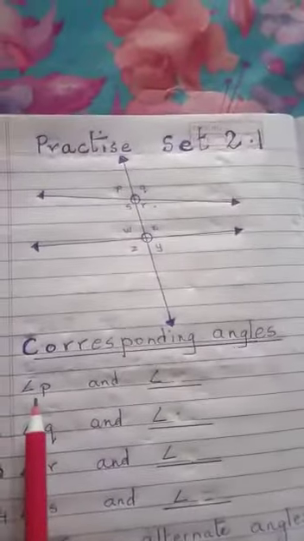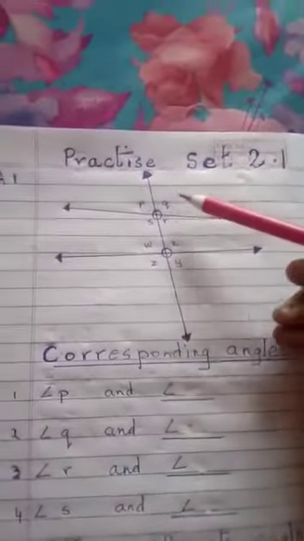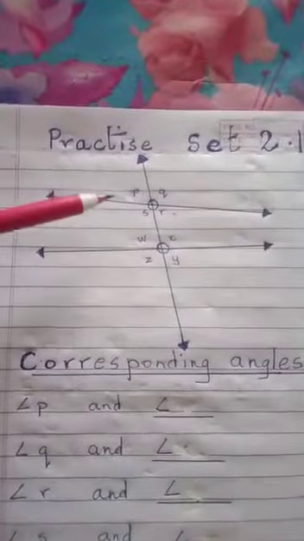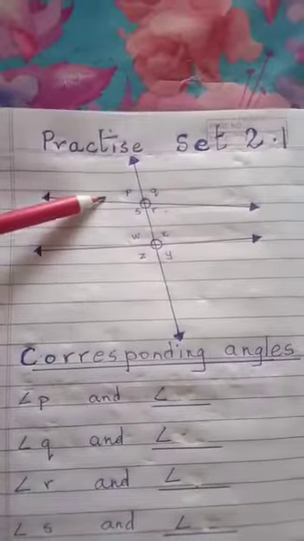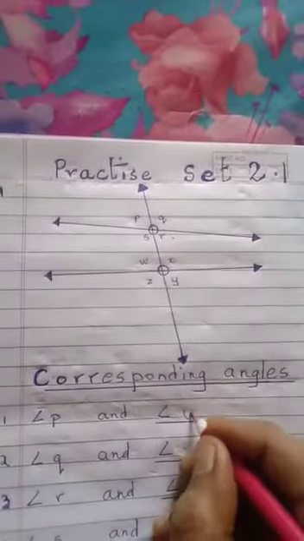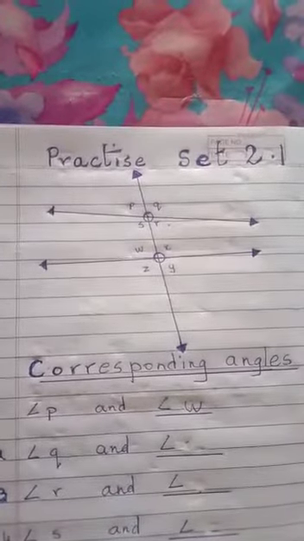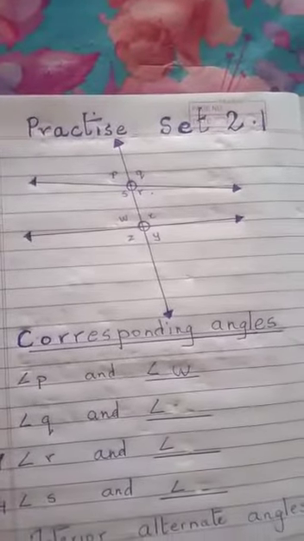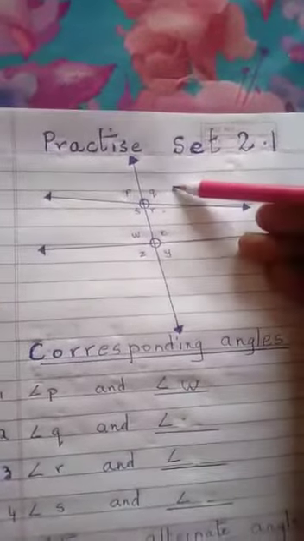Now they are asking us which is the angle corresponding to angle P. The angle corresponding to angle P is angle W. The next one, which is the angle corresponding to angle Q?